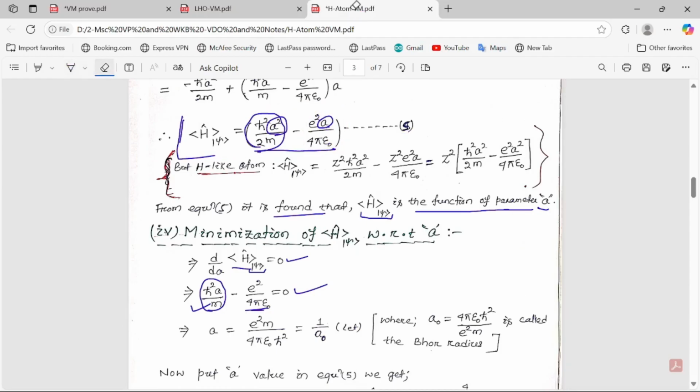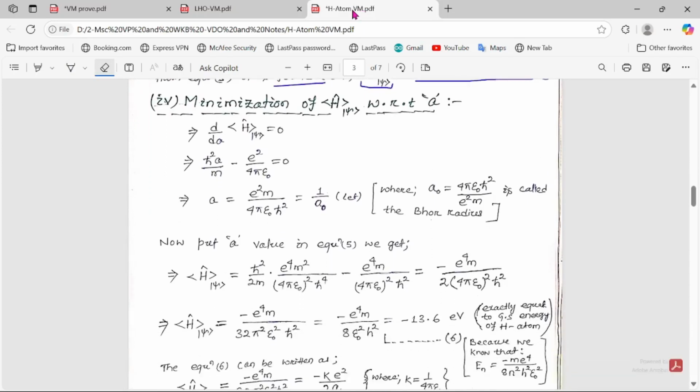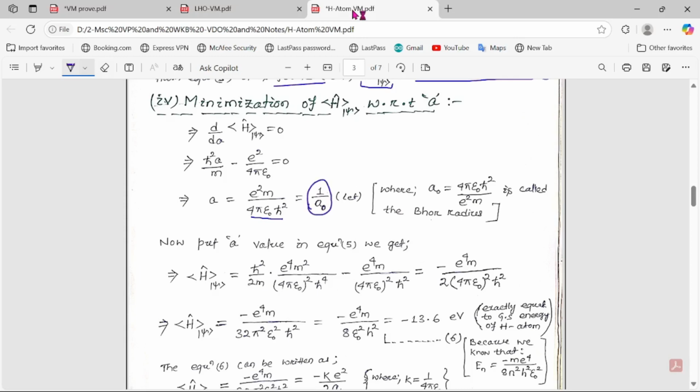So by simplifying, we find the value of a is e squared m by 4 pi epsilon naught h bar squared. Let this value equal 1 by a naught. So a naught will be, just reversed, 4 pi epsilon naught h bar squared by e squared m. This value is nothing but Bohr's radius.